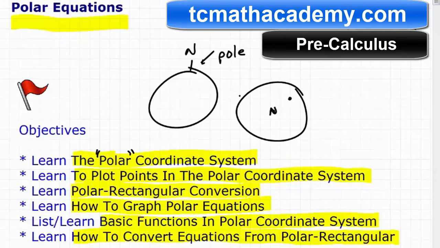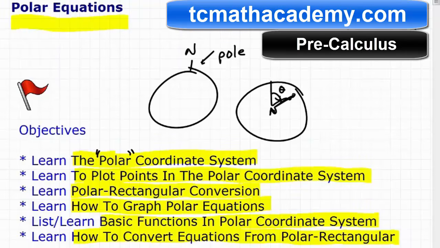One way to think about that is using polar coordinates. If we can give some sort of angle and then some sort of radius or distance out to that point, that's one way to describe a point on a sphere.